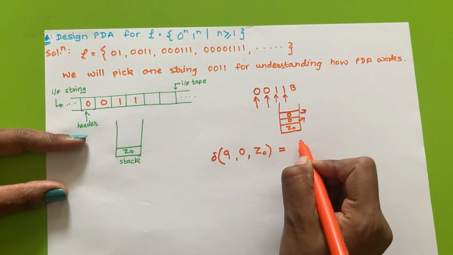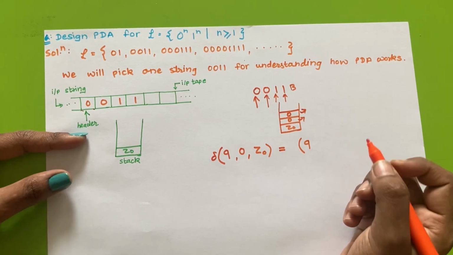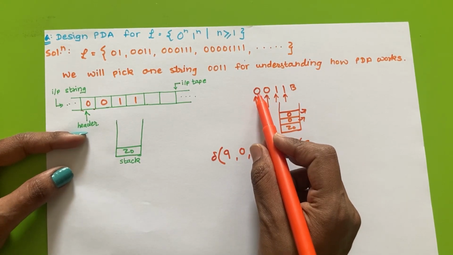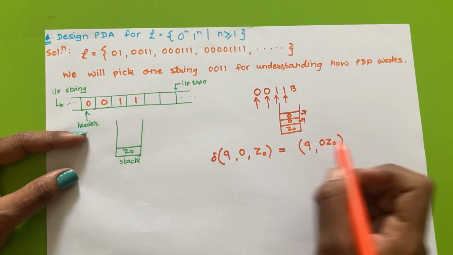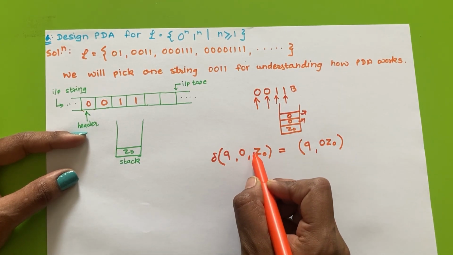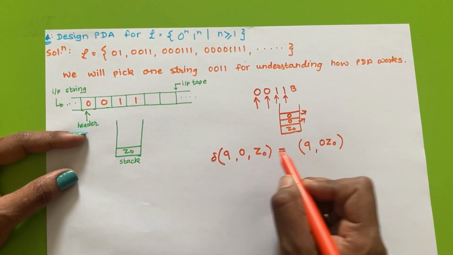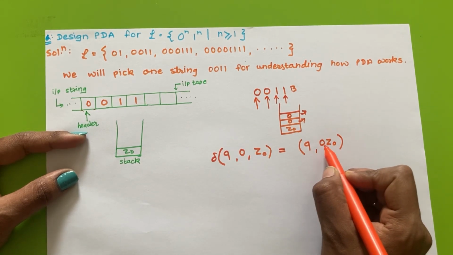Okay, so we will move to state Q, and after reading this 0, we will push 0 onto the stack. For the push operation, we have the syntax 0Z0, means this 0 will be pushed onto the stack, and before this operation Z0 was the top of the stack. After pushing this 0, 0 and Z0 are the current tops.